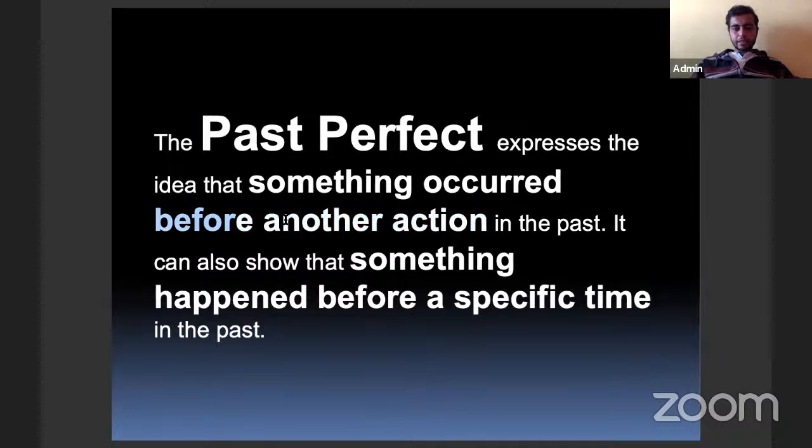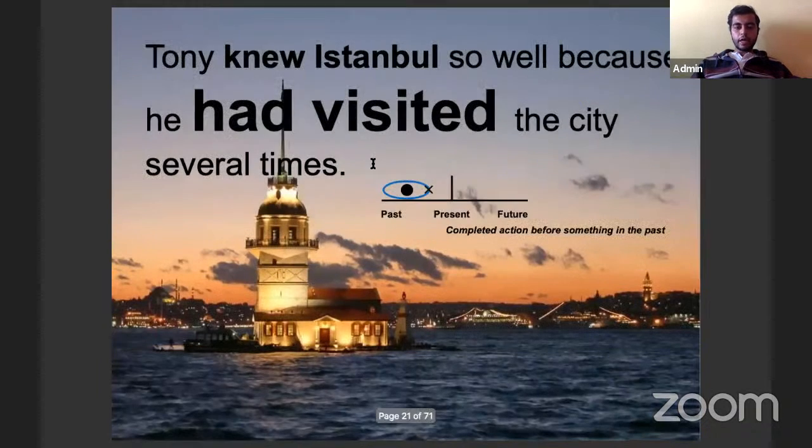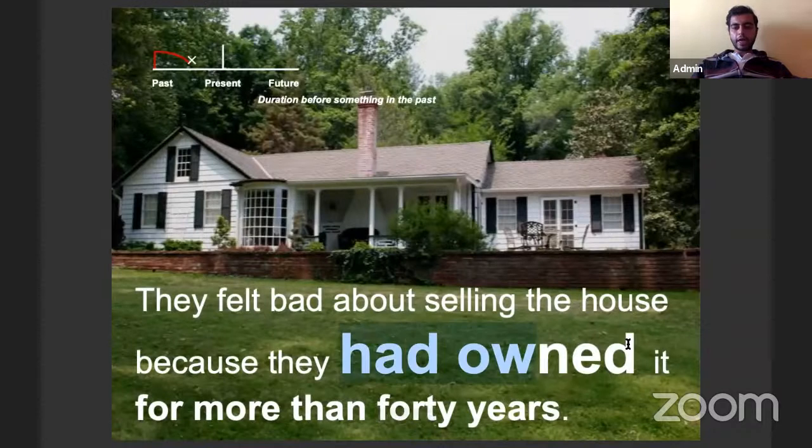That is the second action. Something occurred before: they had owned it for over 40 years in the past. So for something that occurred before, you use past perfect, which is had owned. You understand? Very simple, basic thing.